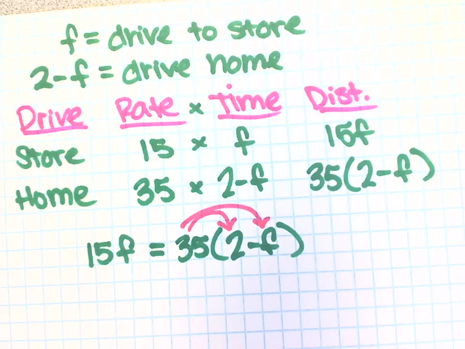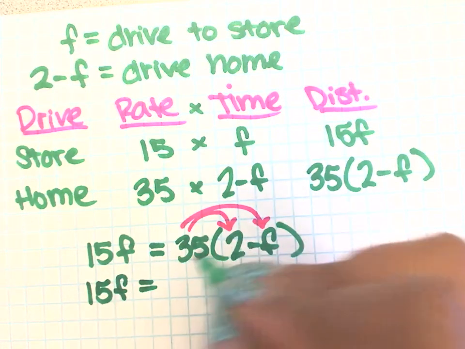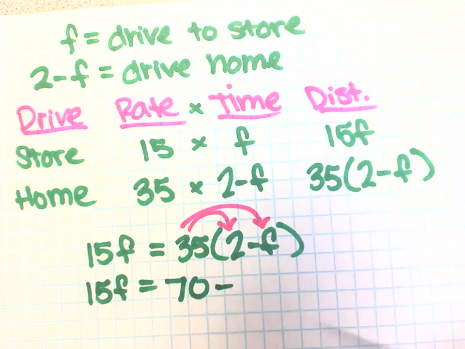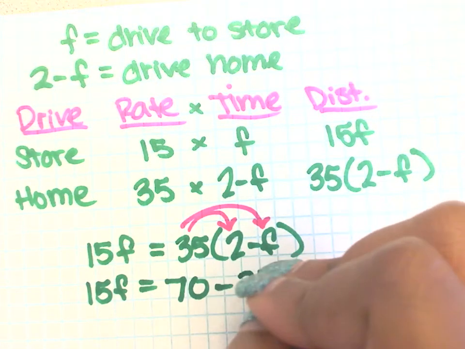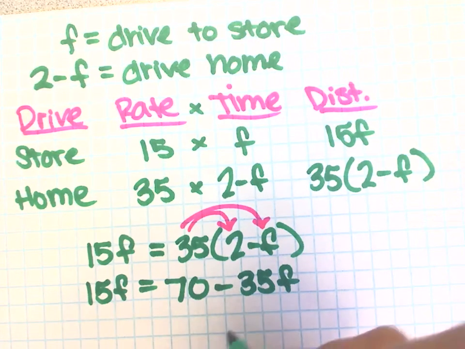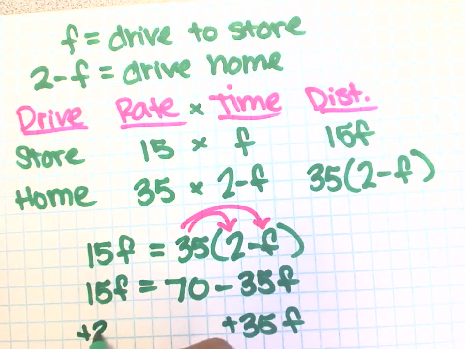Write it down. So I have 15F equals 35 times 2 is 70. Bring down my minus sign. 35 times F is 35F. I need to get all of my variables to one side, so I'm going to add 35F to both sides.